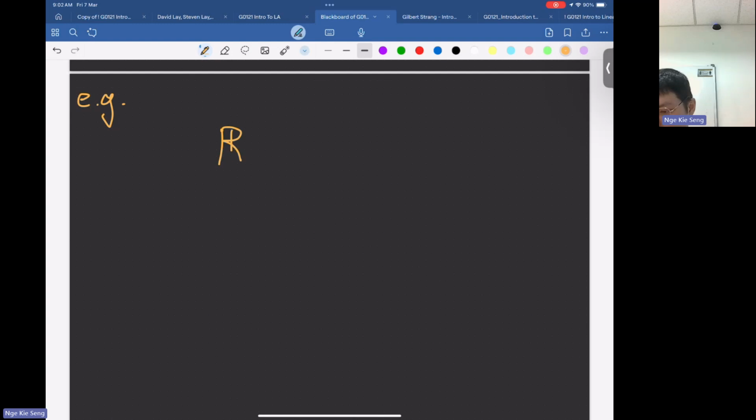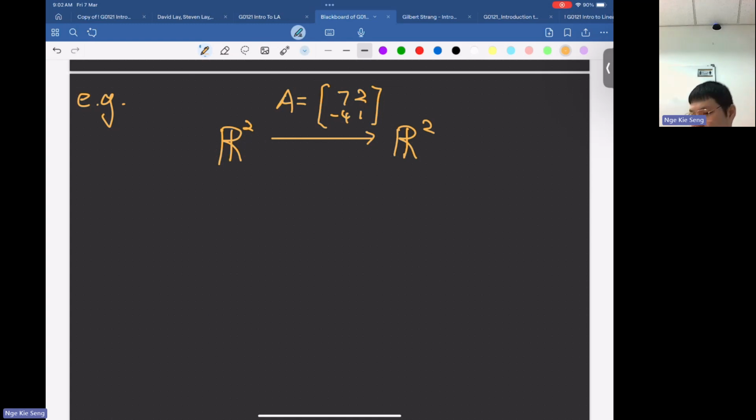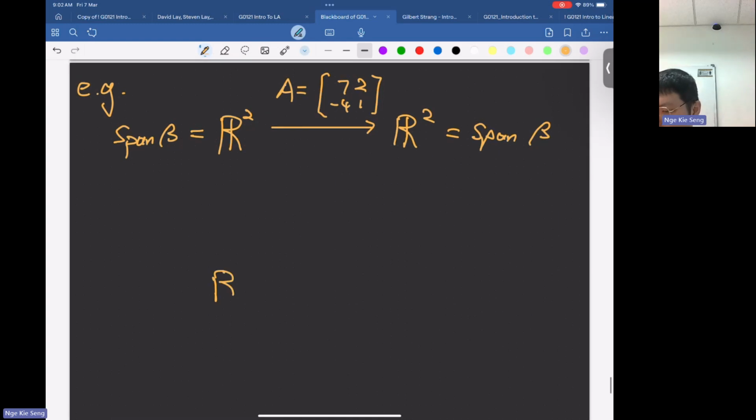So let's start with what we had last time. We start with a linear transformation, given by a matrix transformation, in particular this matrix A. The question is to try to find a basis such that you can realize it as a diagonal matrix.